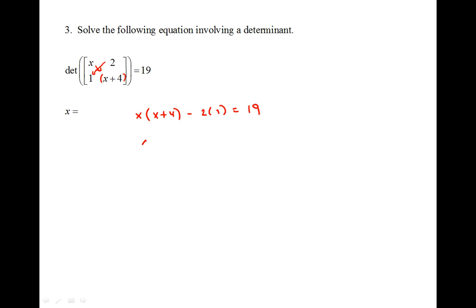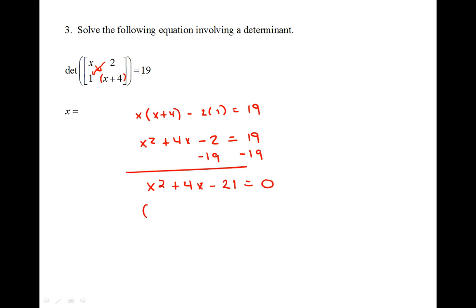So x times x is x squared, plus 4x minus 2 should equal 19. And let's go ahead and just move the 19 over and then just solve this by factoring. So minus 19 on both sides. So I'll have x squared plus 4x minus 21 equals 0.